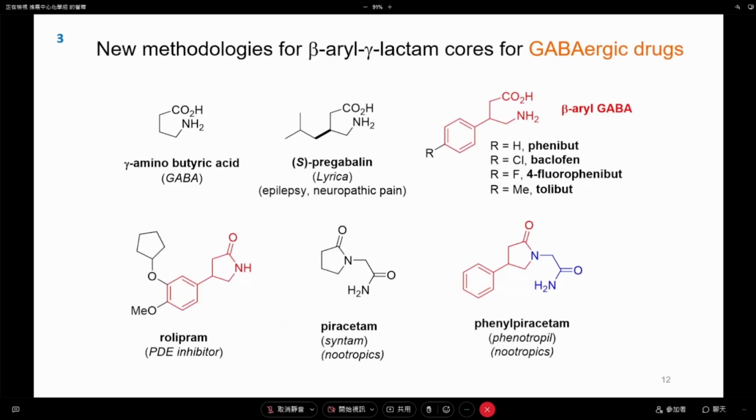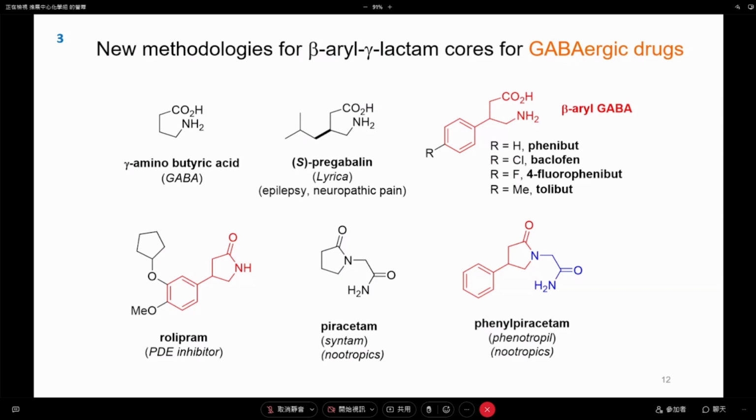As you can see, GABA is the neurotransmitter, and the most famous one is this. This is the previous blockbuster drug on the market, used for treatment of hepatitis and hepatic failure. And any other phenyl substitutes are also used for neurogenetic disease.